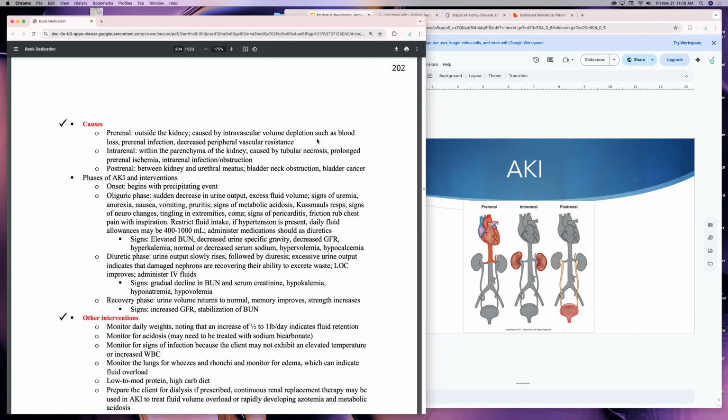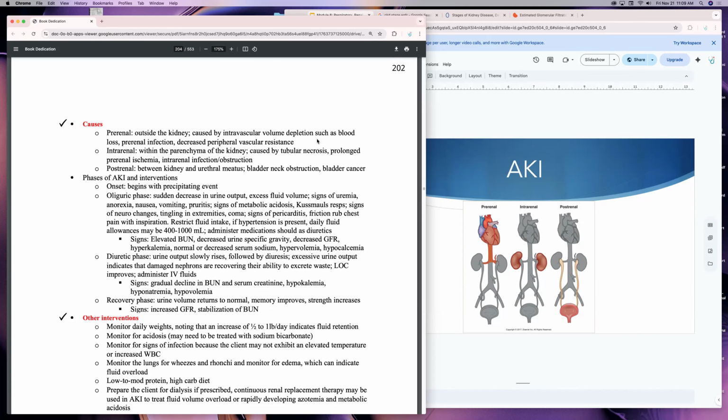So when the fluid volume in the body is so low and the kidneys aren't getting enough oxygen, the cells of the kidney become hypoxic, and this, if not reversed, can lead to prolonged prerenal ischemia. Or if there's like a stone in the kidney and it's obstructing, that can also be a cause of intrarenal AKI. And then post-renal, this is like obstruction with a stone or bladder cancer.